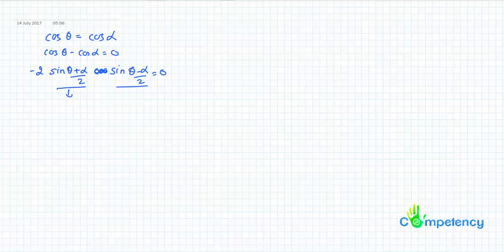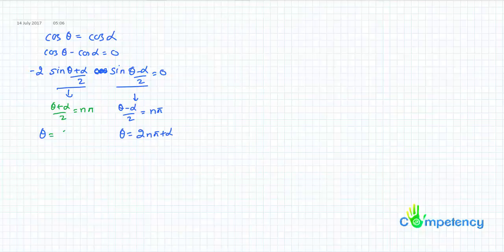So if sine of (theta plus alpha) by 2 is 0, that means (theta plus alpha) by 2 is n pi, and if sine of (theta minus alpha) by 2 is 0, that means (theta minus alpha) by 2 is equal to n pi as well. So from here I get theta equals 2n pi minus alpha, while from here we get theta equals 2n pi plus alpha.